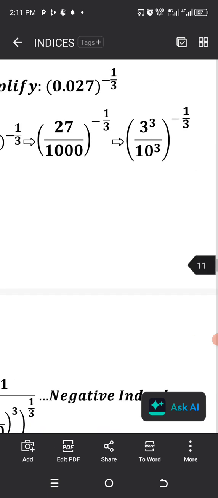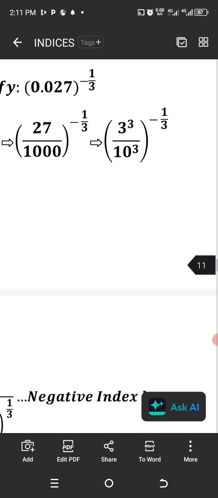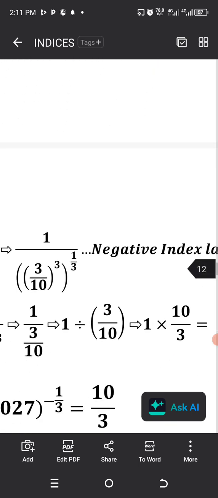If you change it to index form, recall 27 equals 3 raised to power 3, and 1000 equals 10 raised to power 3. So inside that parenthesis, the next step is 3 raised to power 3 divided by 10 raised to power 3, everything all raised to power minus 1 over 3, because it's still inside the parentheses.